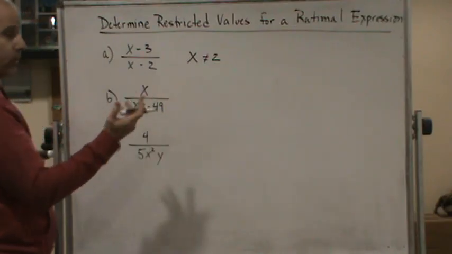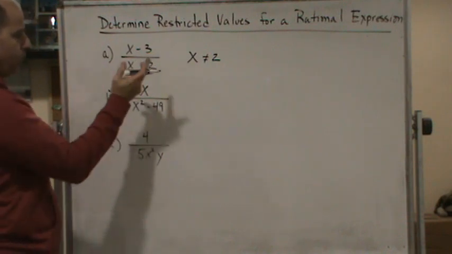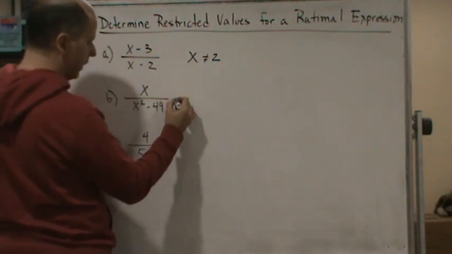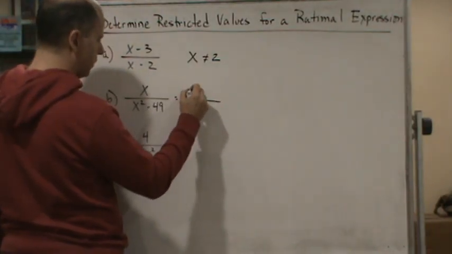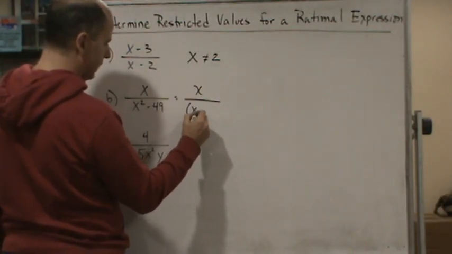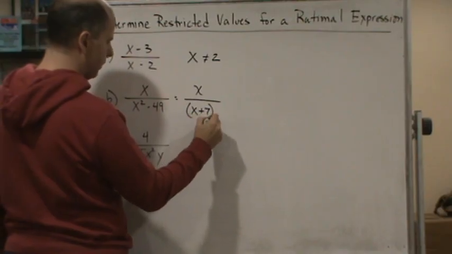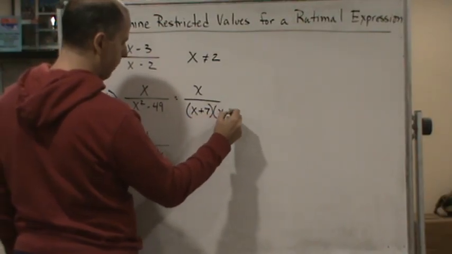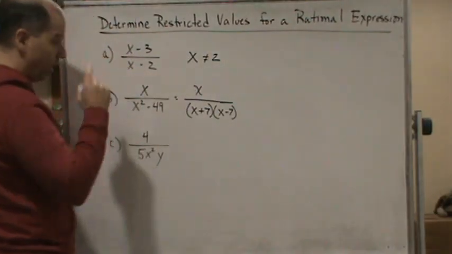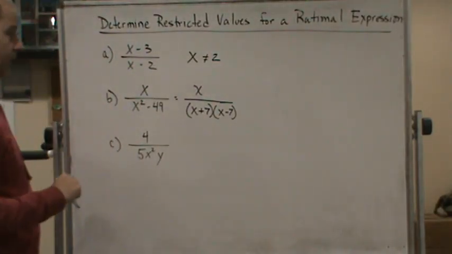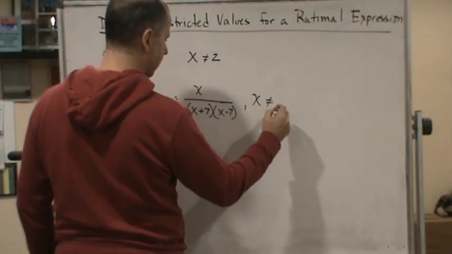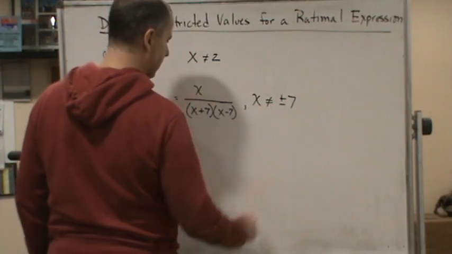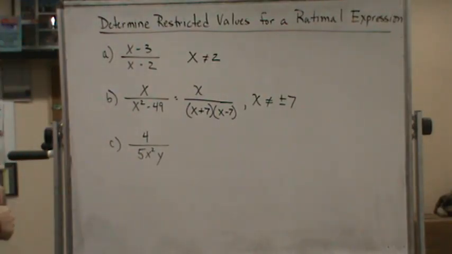Up here, there was no factoring, so there was only one factor. Here, we actually have 2 factors because this is a difference of 2 squares. This actually factors into x plus 7 times x minus 7. So there are 2 restricted values. In this case, x cannot equal plus or minus 7.